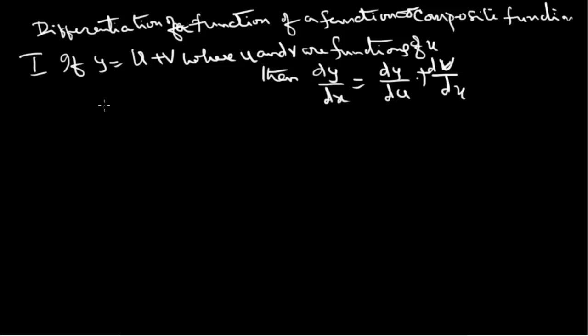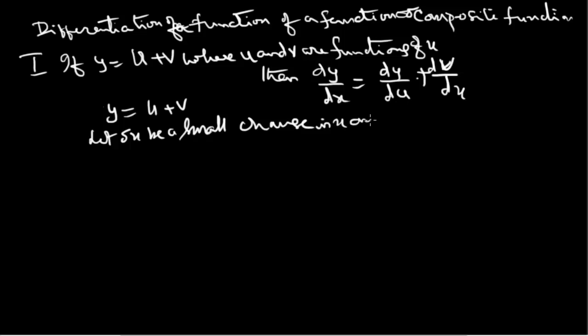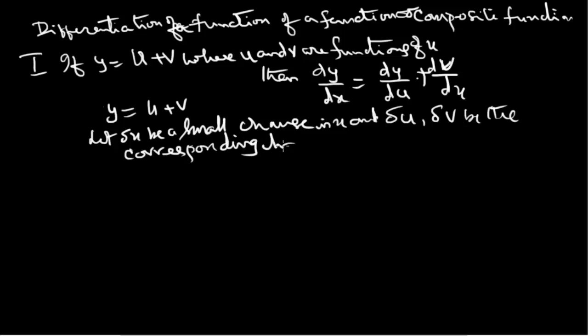Now y is equal to u plus v. Let delta x be a small change in x, and when there is a change in x, because u and v are functions of x, there will be changes in u and v, and delta u, delta v be the corresponding changes in u and v respectively.